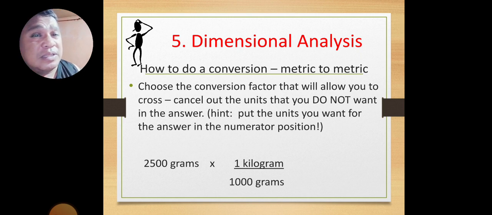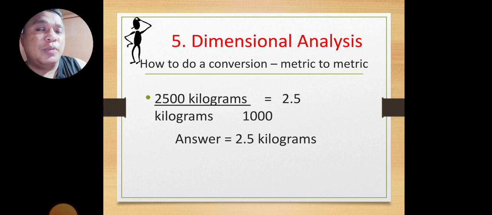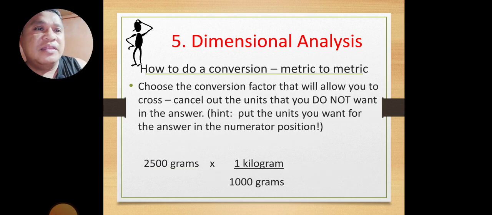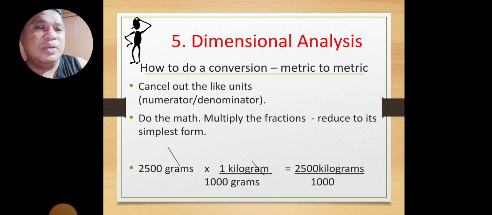So just invert your conversion depending on the type of units that you are trying to compute. And just like that, 2.5 kilogram, because you are asked to convert that 1 kilogram to 1,000 gram.